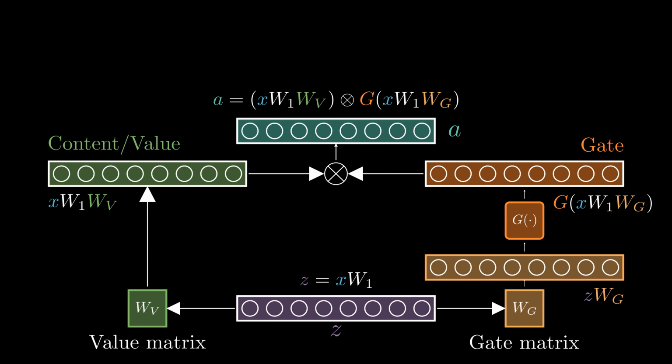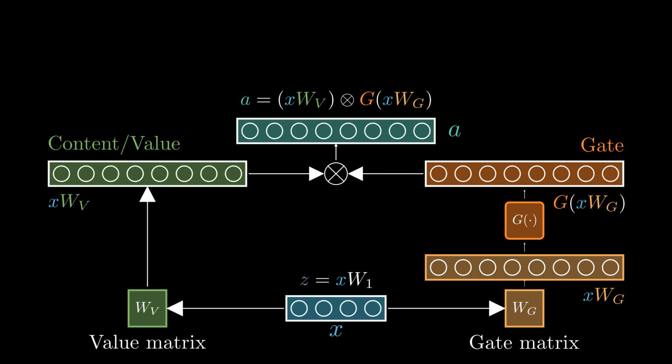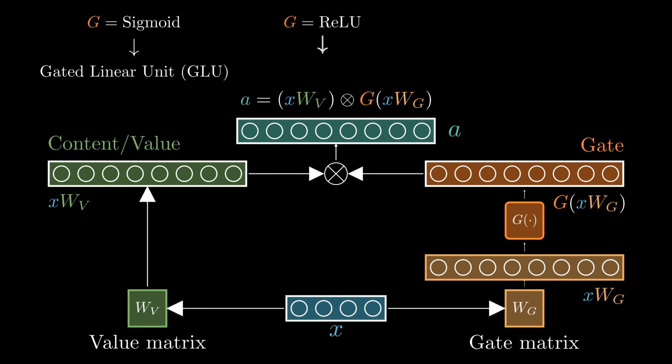Thanks to the associative property of matrix multiplication, we can effectively absorb W1 into the content and gate matrix, treating each as a single unified linear transformation. This gives us a family of gated linear unit activations that differ only in the choice of gating function.